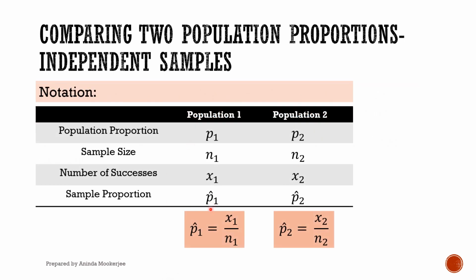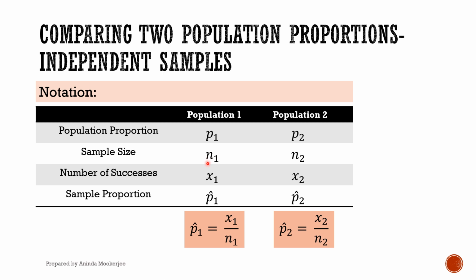Now let's quickly run through the notation that we are going to use, and it's going to be very similar to what we did in chapter 10 when comparing two population means. The only difference here is that we are working with proportions. Therefore, for population 1, we are going to represent the population proportion as P sub 1 and the proportion from population 2 as P sub 2.